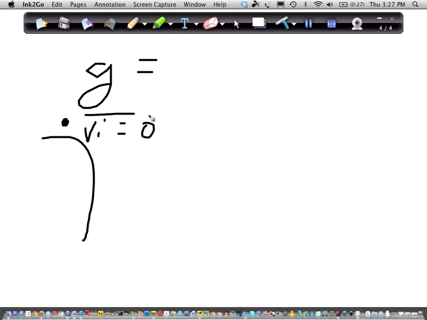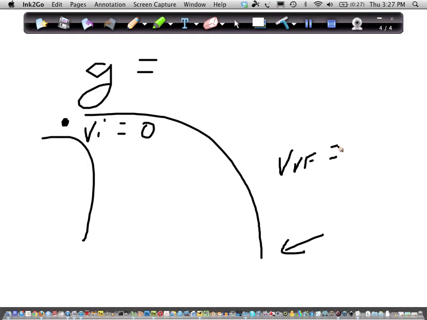And then it does one of these, and down here, the velocity vertical final equals VI plus GT. This should look very familiar. This being 0, it's gone. So VVF equals GT.